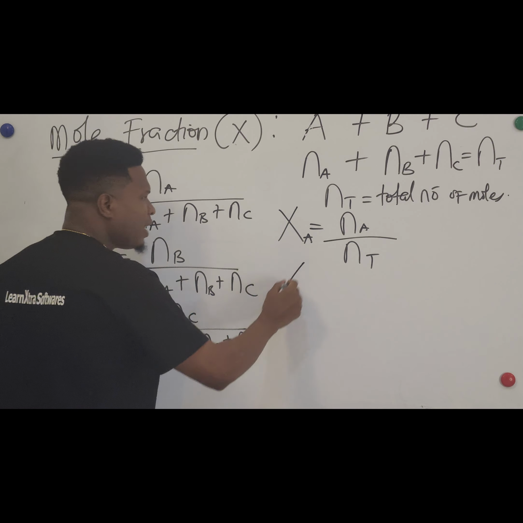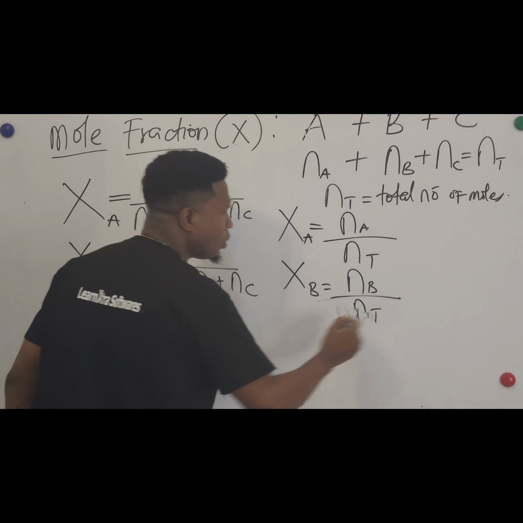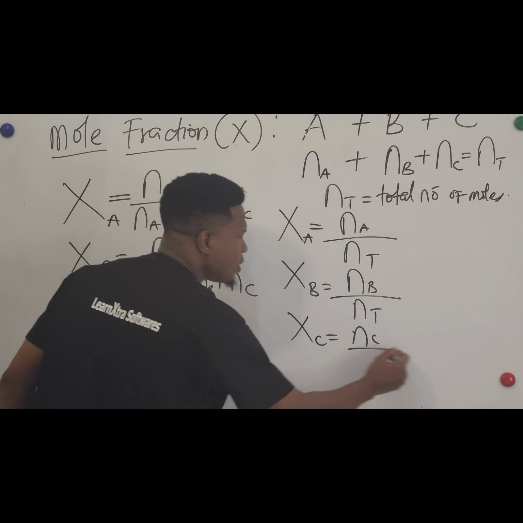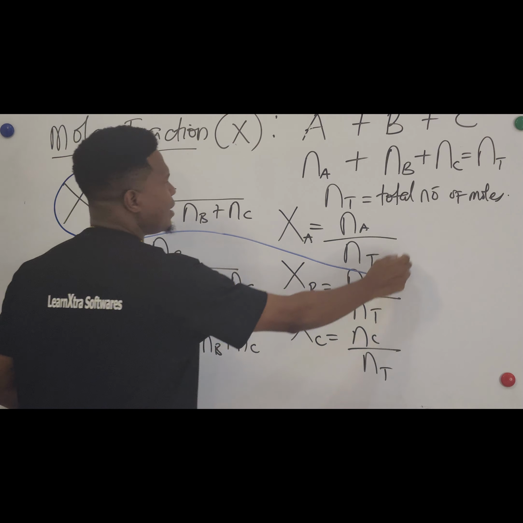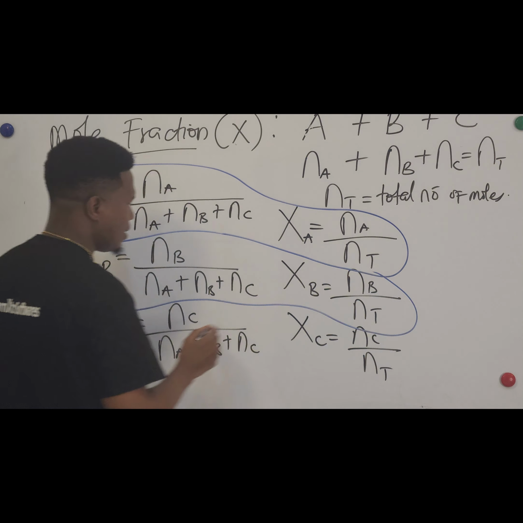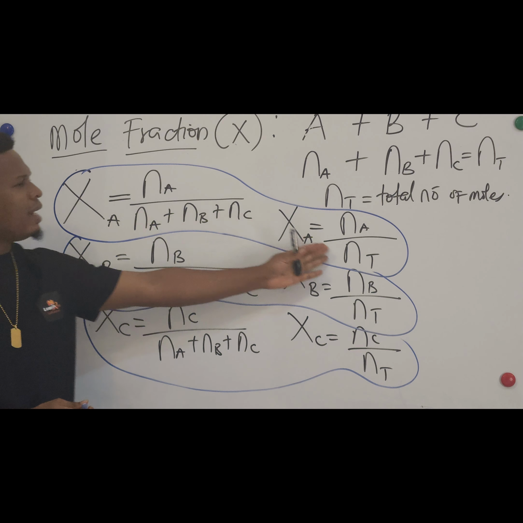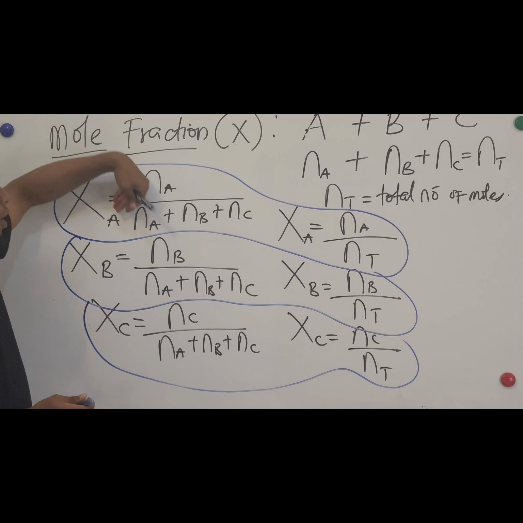The mole fraction of B is the number of moles of B over N total, while the mole fraction of C is the number of moles of C over N total. So look at these expressions, they are the same thing. So the mole fraction is simply the moles of the one you are looking for over the total number of moles.